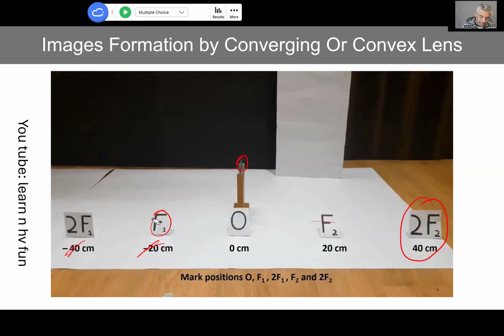So now there is double of focal length on the other side. So notice how when they put object over there, they get image over there. They are going to be casting image on the screen. So pay attention. So let's play.